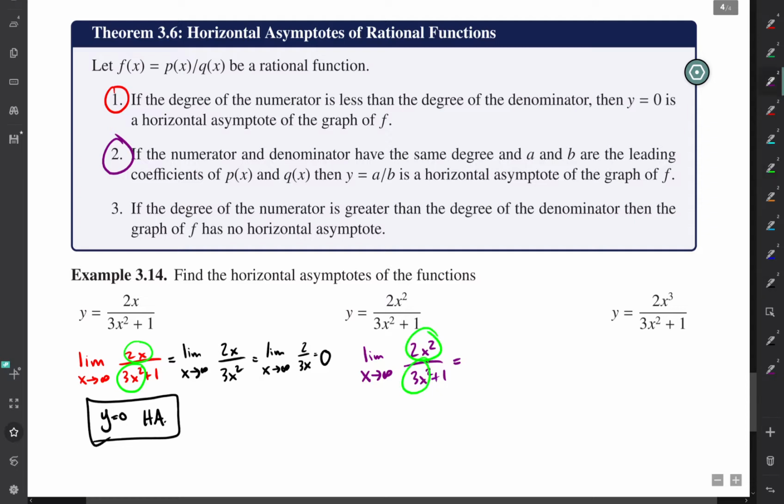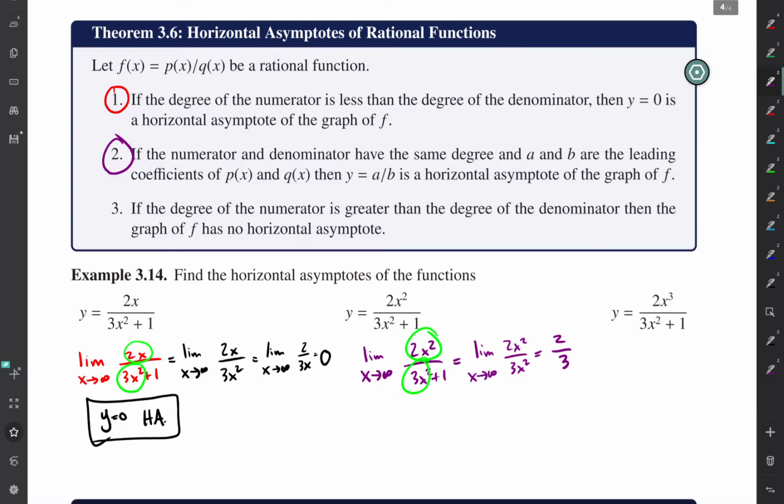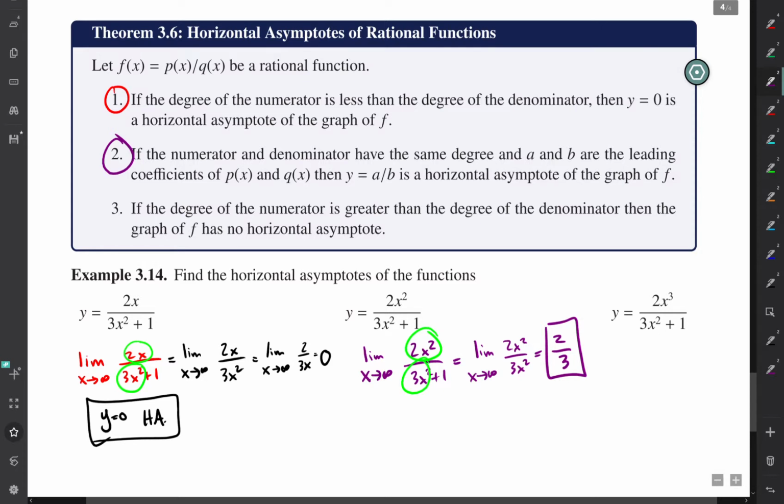So that's going to be equal to the limit as x goes to infinity of 2x squared over 3x squared, or just 2/3. Okay, so the x squareds will cancel. So you get the limit as x goes to infinity of 2/3, which is just 2/3. Okay, so y equals 2/3 is our horizontal asymptote in this case, because the degree of the numerator equals the degree of the denominator.